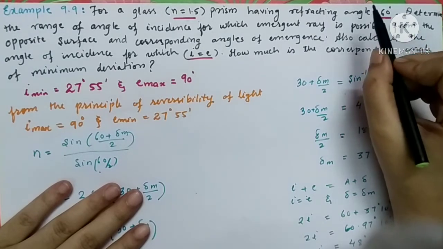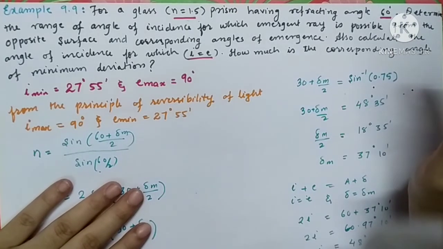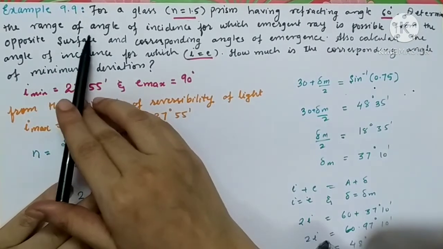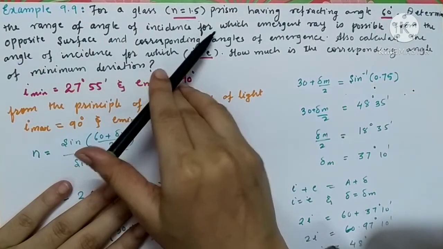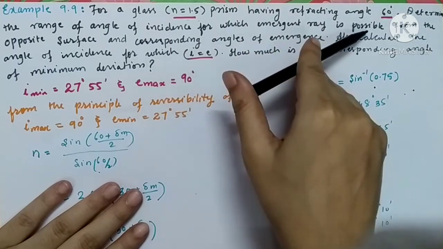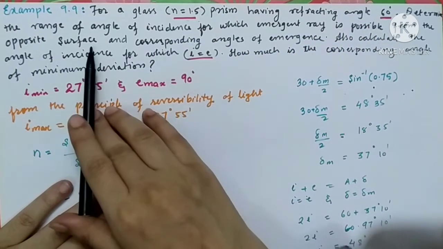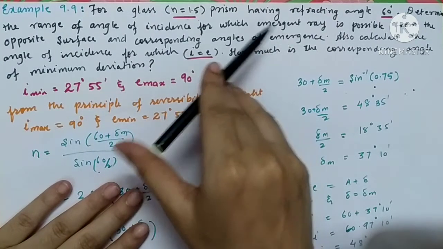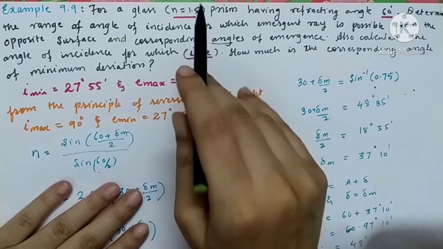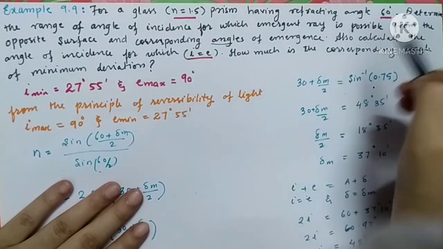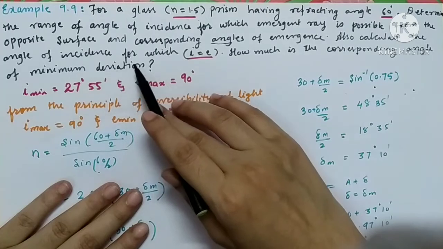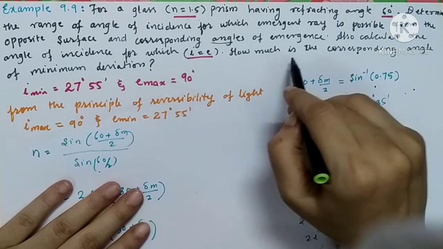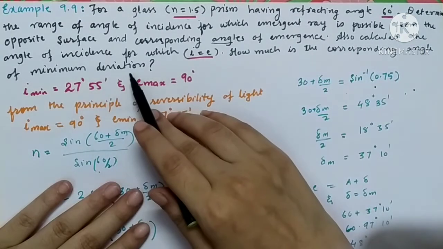For this particular prism, same prism that we have used in the previous example, determine the range of angle of incidence for which the emergent ray is possible from the opposite surface and corresponding angle of emergence. Here you will have to calculate the corresponding angle of emergence. Also calculate the angle of incidence for which I is equal to E. How much is the corresponding angle of minimum deviation?